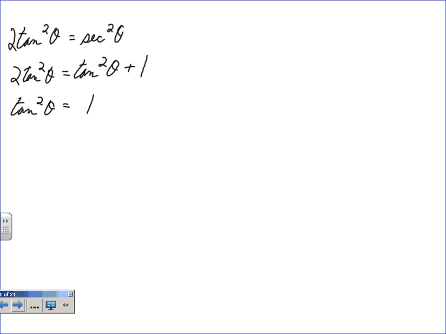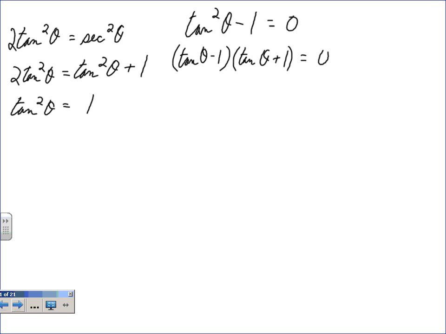Let's do it both ways. Let's take tangent squared theta and subtract 1. Now I have the difference of two squares. So I have tangent theta minus 1 times tan theta plus 1 equals 0. So tangent theta could equal 1, or tan theta could equal negative 1. And then we go from there.